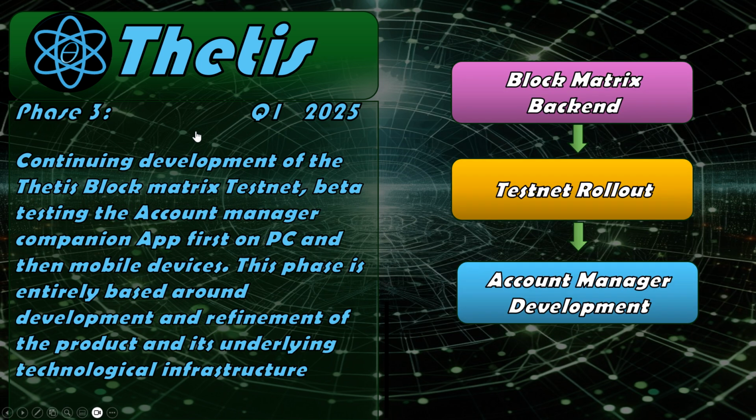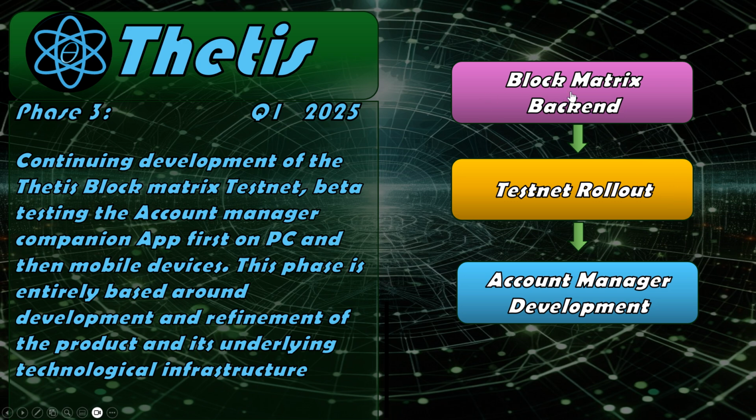So phase 3: continuing development of the Thetis block matrix testnet, and beta testing the account manager companion app, first on PC and then mobile devices. This phase is entirely based around development and refinement of the product and its underlying technological infrastructure. So this is very simple.